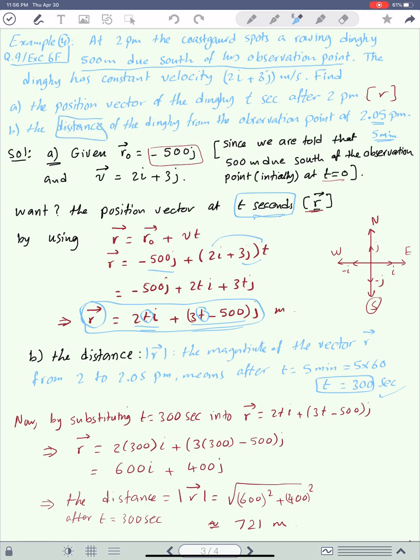So replace this t by 300: 2 times 300 and 3 times 300 minus 500, you will get 600I plus 400J. This is R. So the distance is the magnitude of the vector, which is the square root of 600 squared plus 400 squared, almost 721 meters.